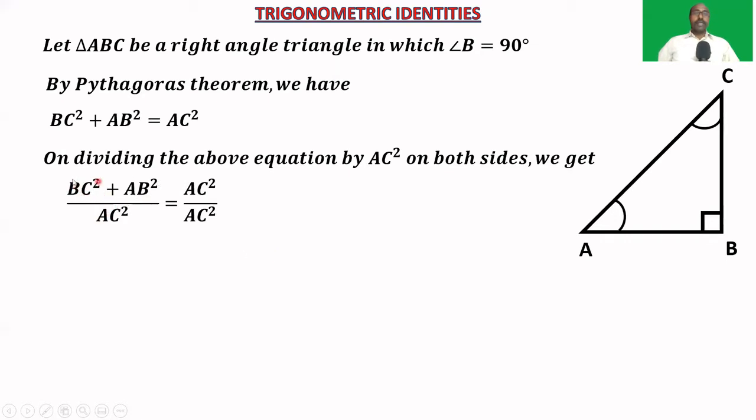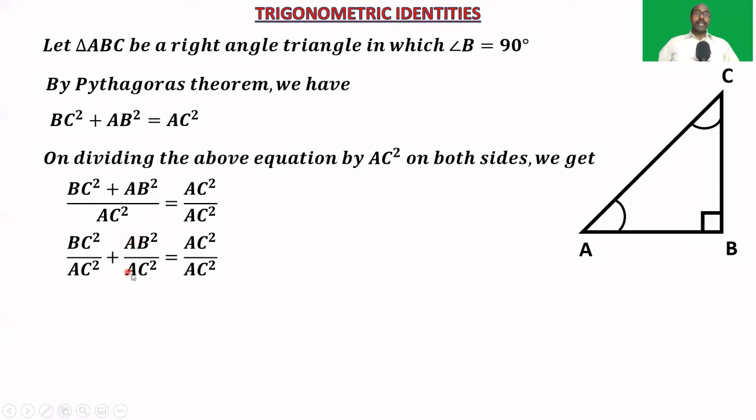Now, splitting this fraction into two fractions, we get BC square by AC square plus AB square by AC square, like this. Here the RHS is same. Now, this BC square by AC square can be written as BC by AC whole square.